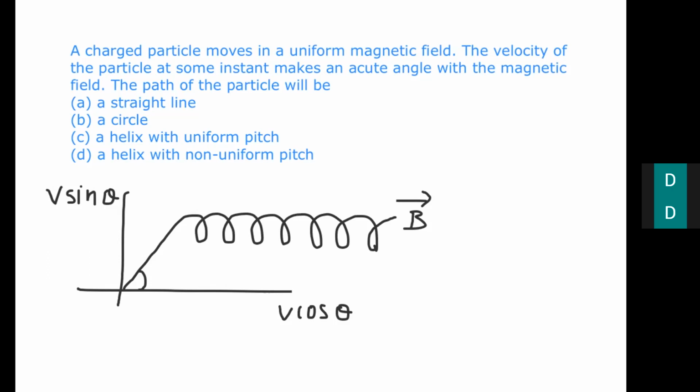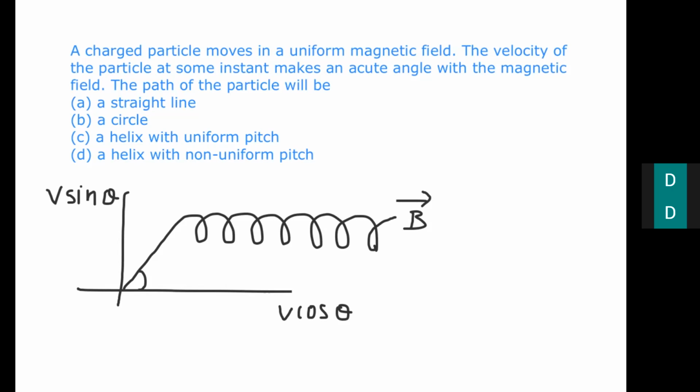There's a charged particle moving in the magnetic field B, and the velocity makes an acute angle with the magnetic field. There is a diagram which is given to us. The magnetic field does not change the speed of the particle; rather, it changes the direction of the velocity.